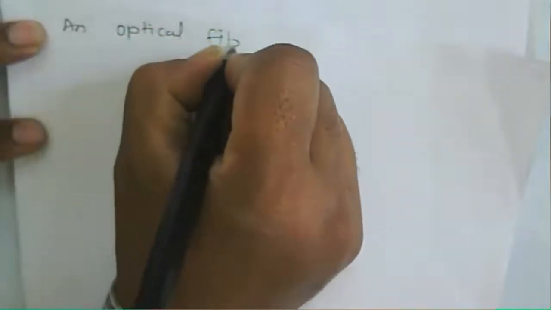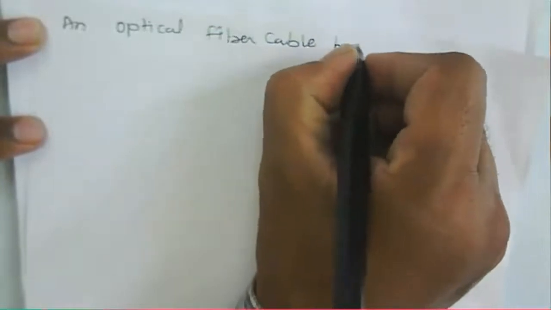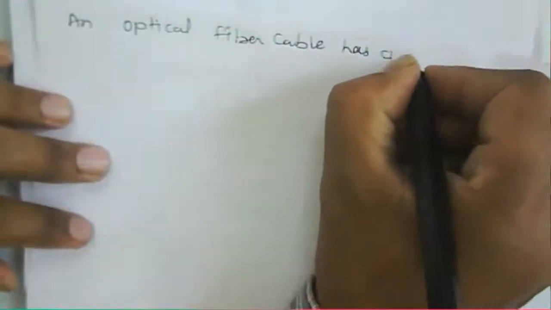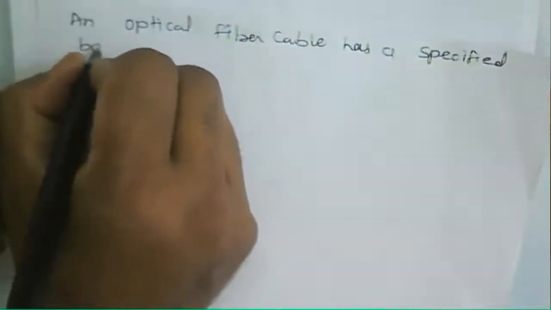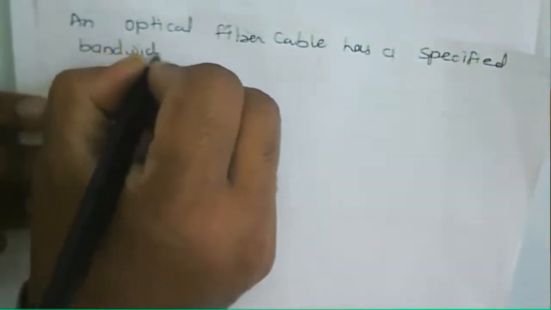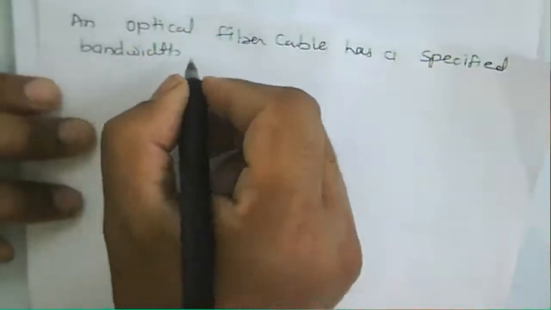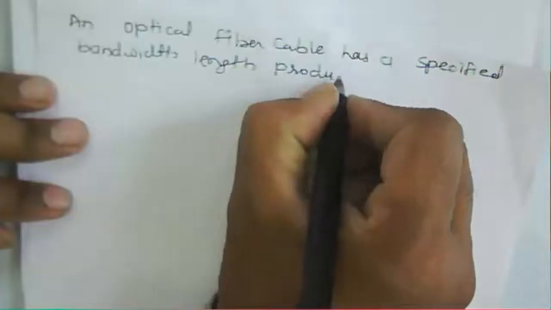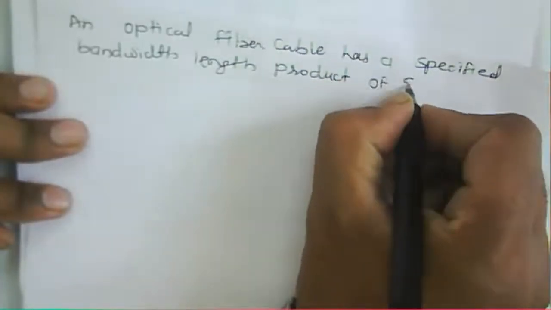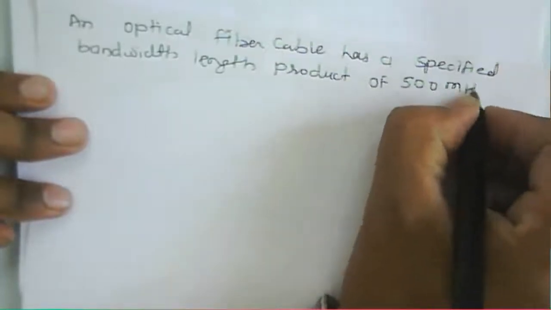An optical fiber cable has a specified bandwidth length product of 500 megahertz to kilometer.